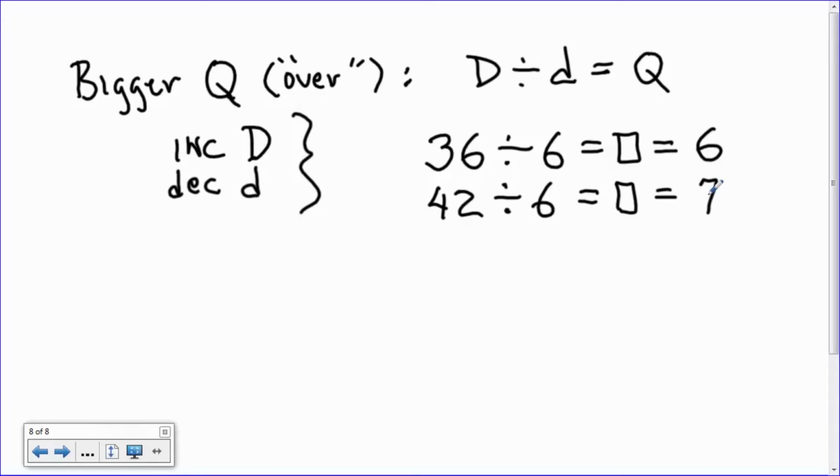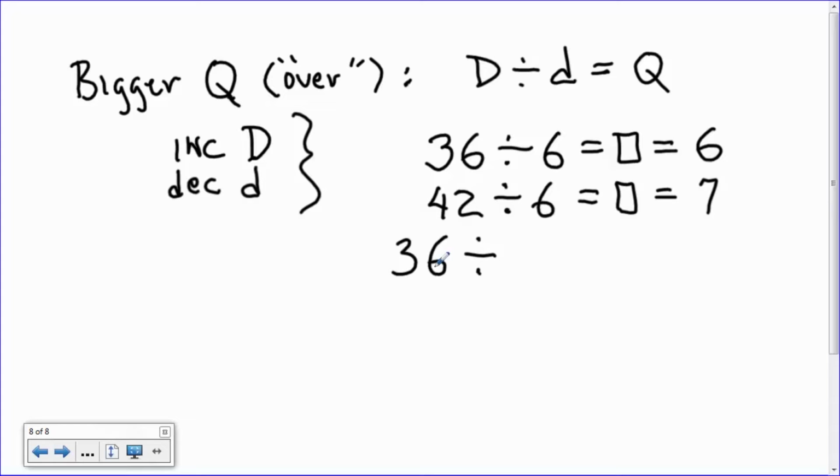Now, instead of increasing the dividend, let's keep the dividend and reduce the size of the divisor.